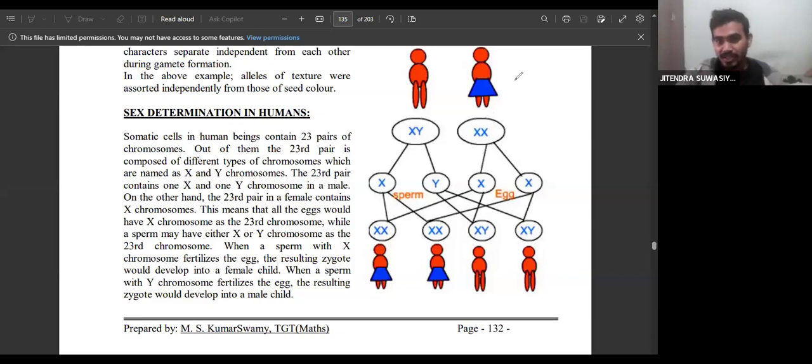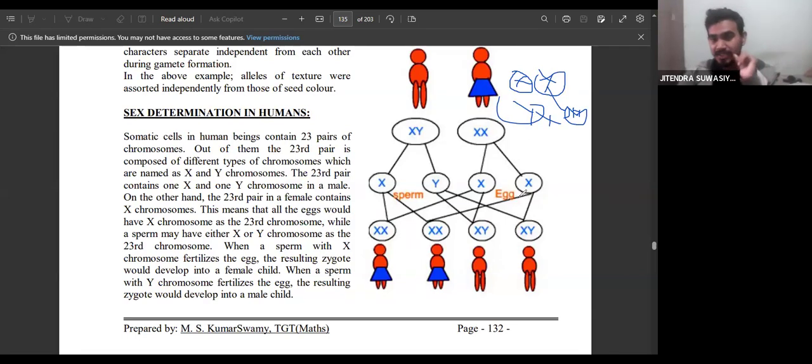Whichever gamete from the sperm is attached to the X, if it is X, it will develop the zygote into a female child, and if it is Y attached to that X, that zygote develops into a male child. Okay, so in females only X chromosomes are present.